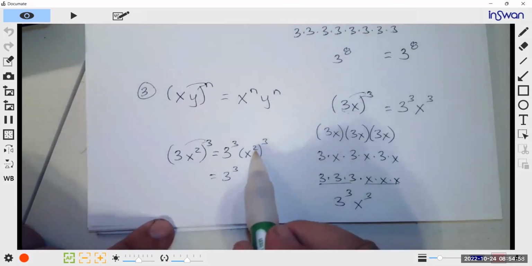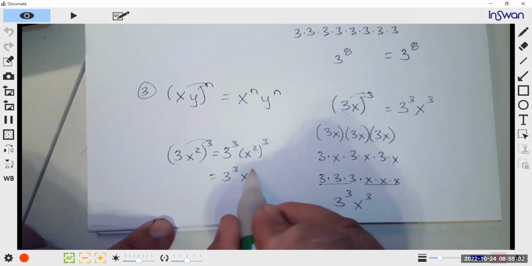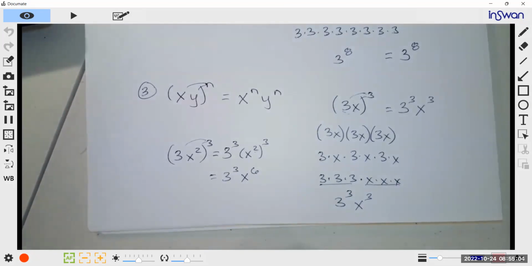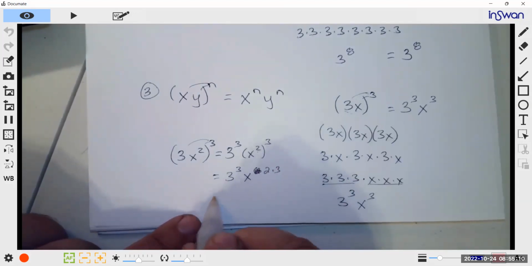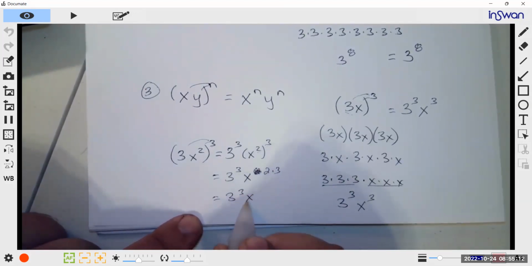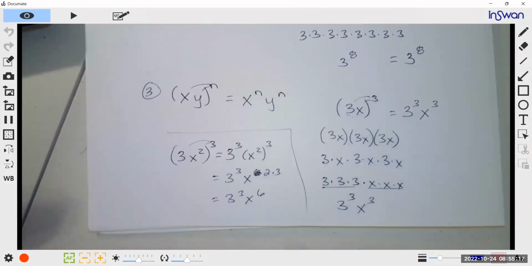But we learned in the last rule, whenever you have a power to a power, you multiply. So 2 times 3 is 6. So you can combine all these rules.